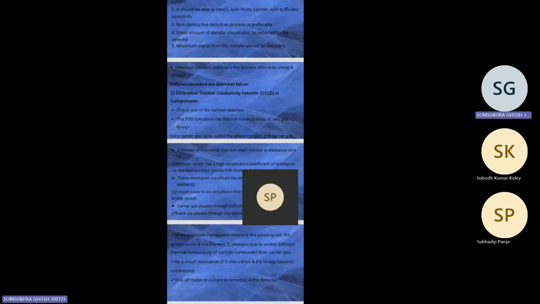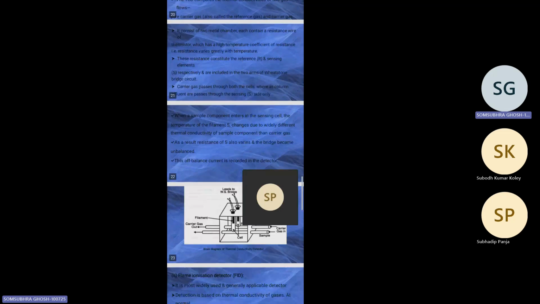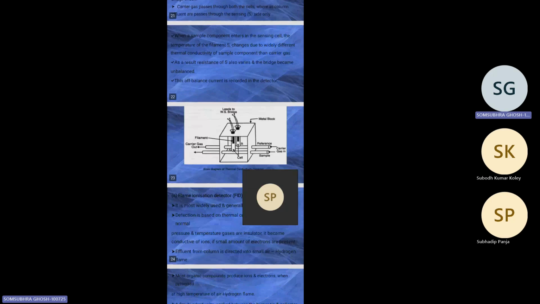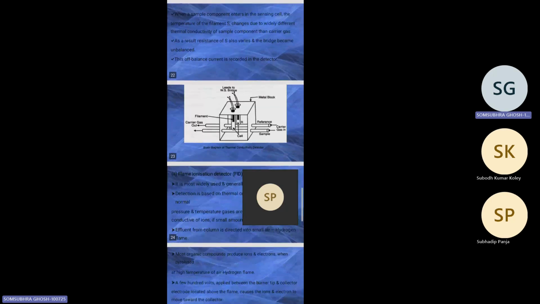So this type of detector works on the principle of differential thermal conductivity. If the thermal conductivity of the component is changed, and actually this type of detector uses a Wheatstone bridge, connected with an electrical signal.